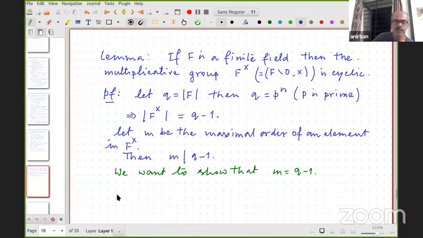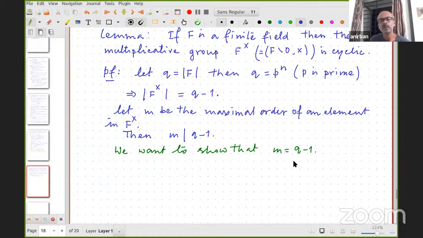So I would just need a fact about abelian groups. I'll just state it as a fact.